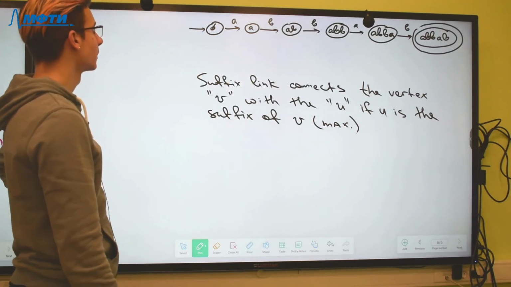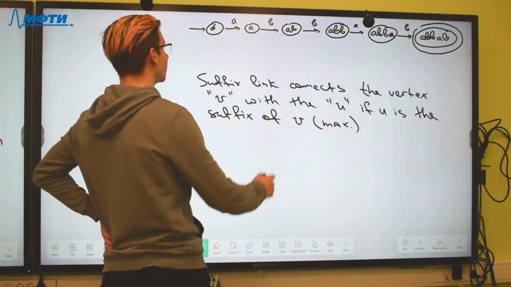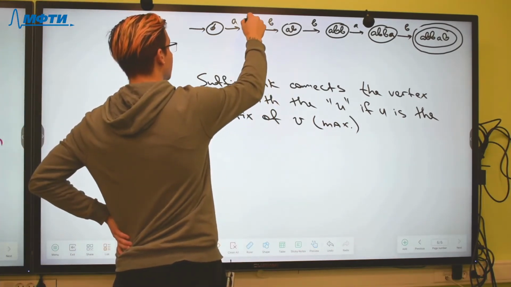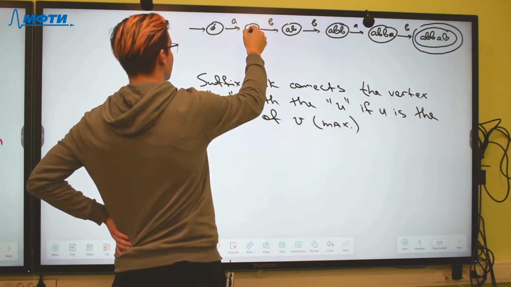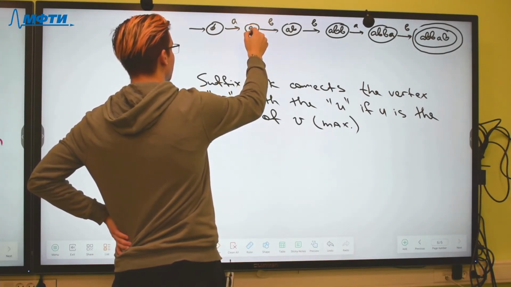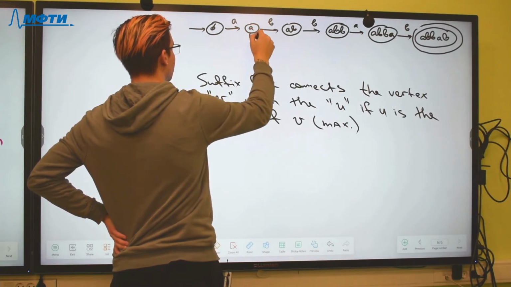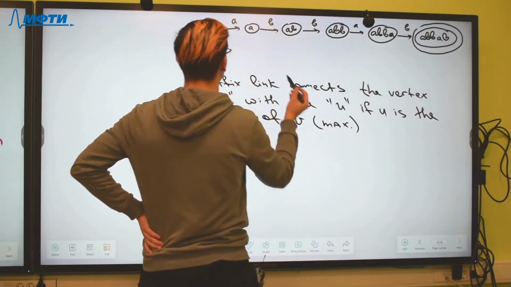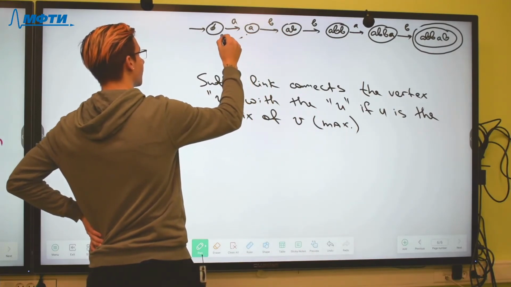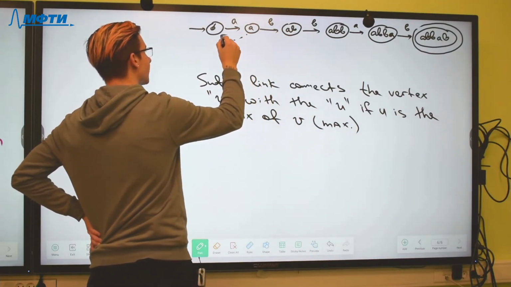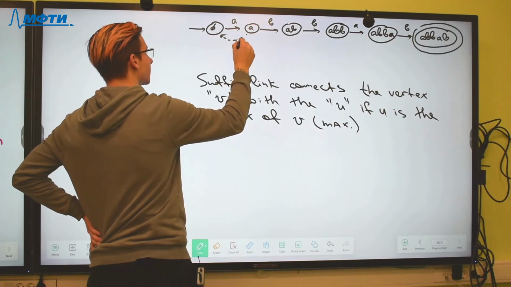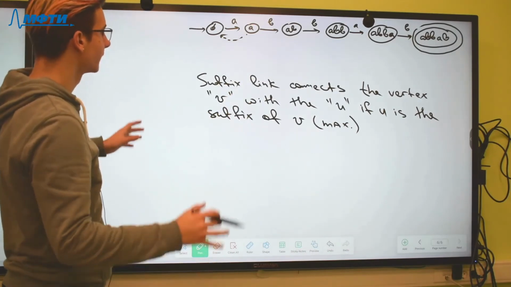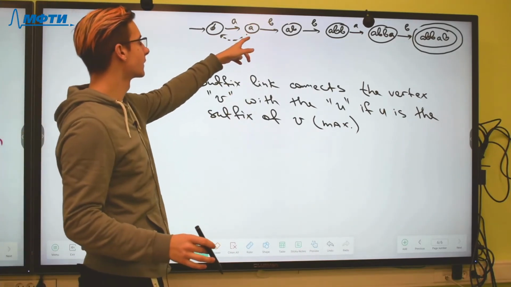For example, we see that for A, it is the maximum suffix. So we can write here, but we find the suffix that is not equal to all this word. So I write here this suffix link.